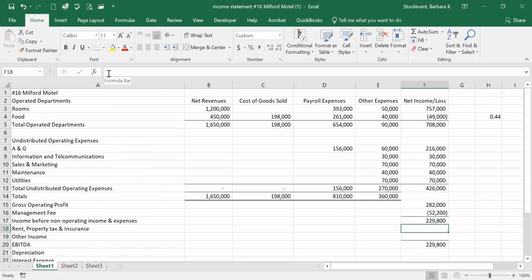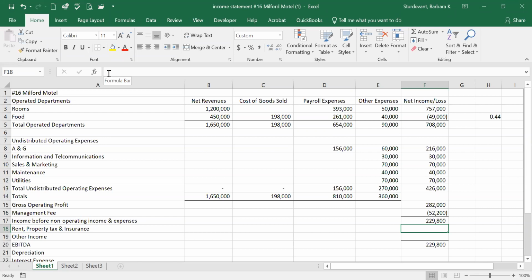Rent, property tax, and insurance. Again, if you want to list those separately, go ahead. I usually just stick them on one line, presuming I'm going to have a schedule. So what do we have? You have 10,000 for rent expense, 40,000 for property taxes.